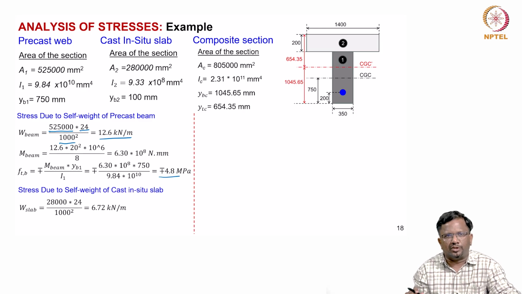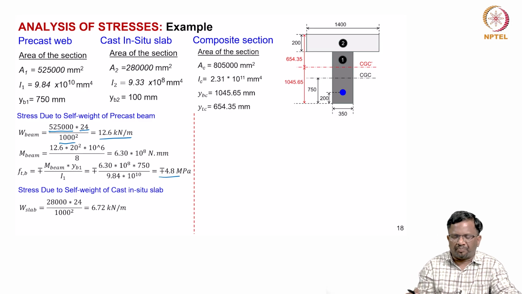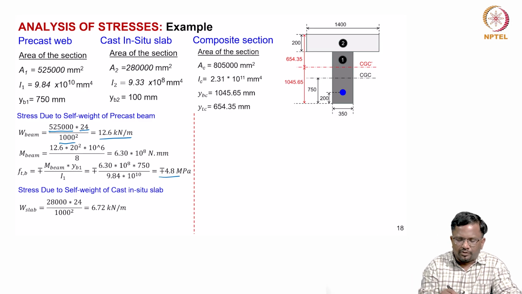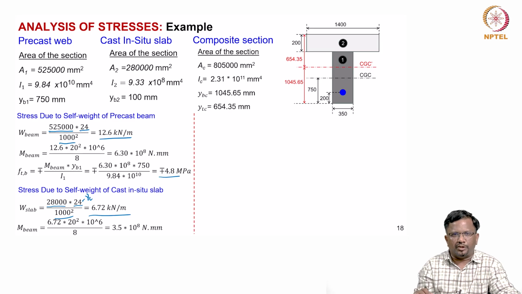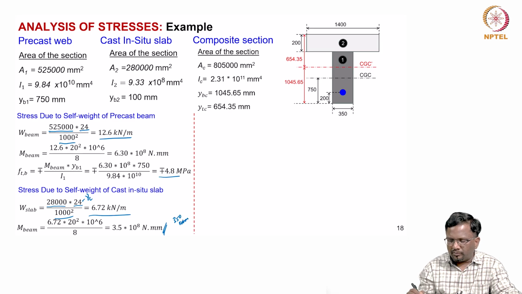Now, what are the stresses due to the self weight of the cast in situ slab? Again, the area of the slab is 28,000 multiplied by 24, which is your gamma of the concrete, right. Divided by 1000 square, which gives you 6.72 kilonewton per meter. So, that gives me a moment of again 350 kilonewton meter, right.